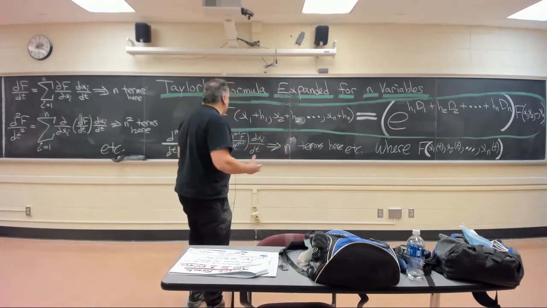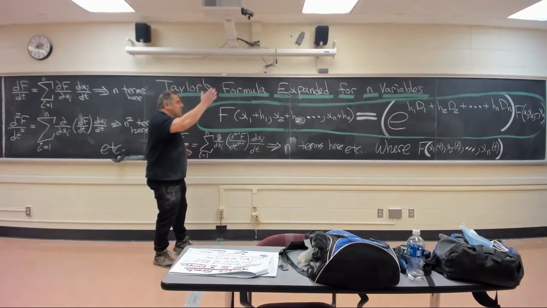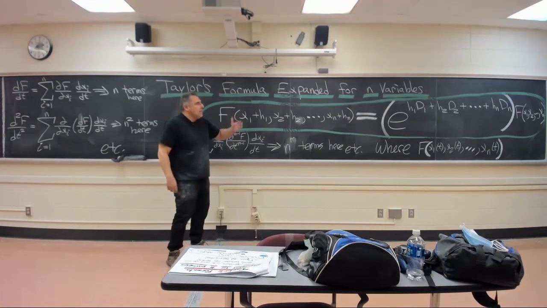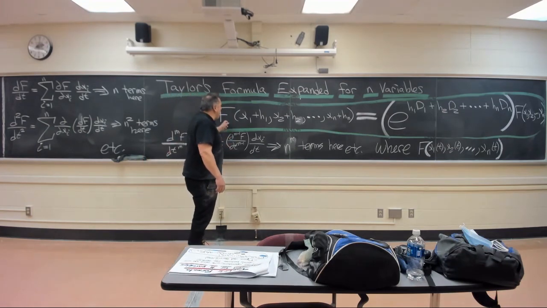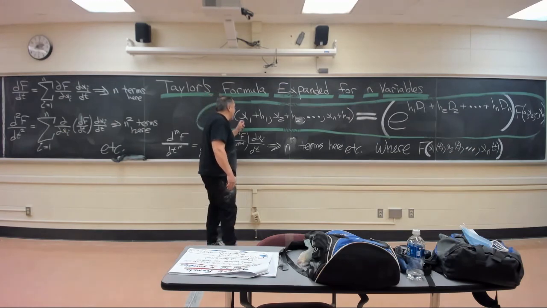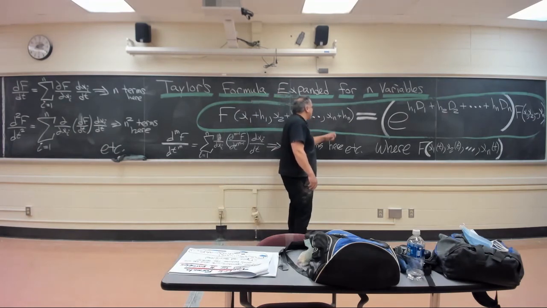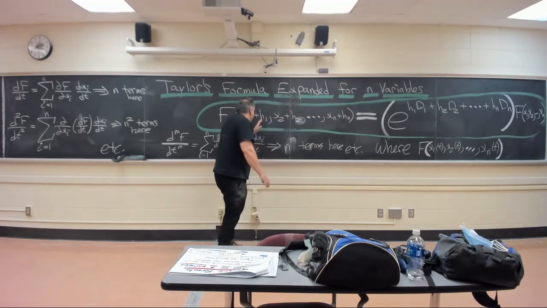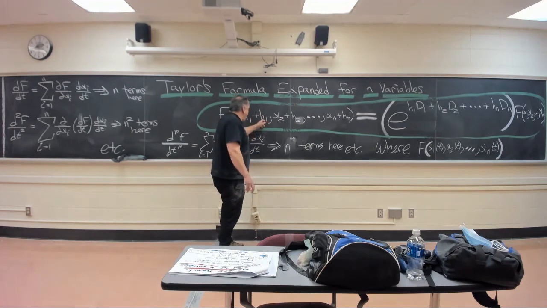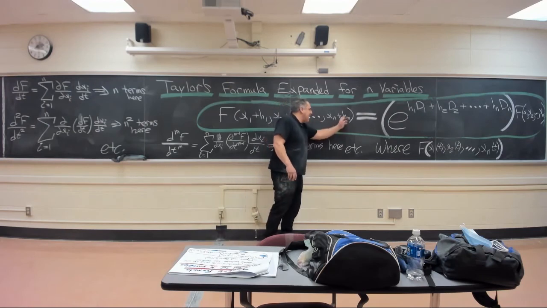It behaves in such a way that, assuming you took this to infinity, to a very large number of terms, the value of the function capital F at the point in n-dimensional space x sub 1 plus h sub 1, x sub 2 plus h sub 2, through x sub n plus h sub n, is the value when you've gone h1 away from x1, h2 away from x2, hn away from xn.